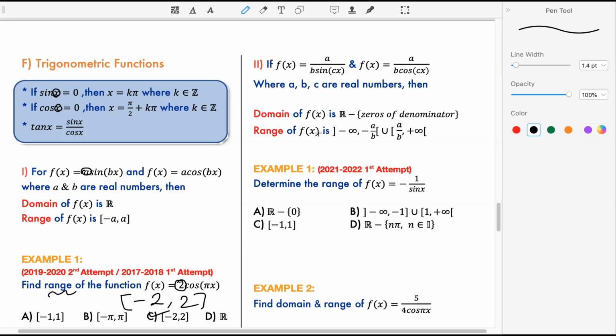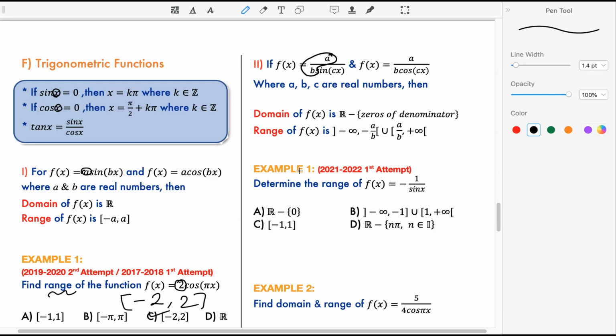But the range is different. The range is from negative infinity to the negative of the coefficient, union, the positive of the coefficient to infinity. The coefficient is the top over the coefficient of the bottom, a over b.